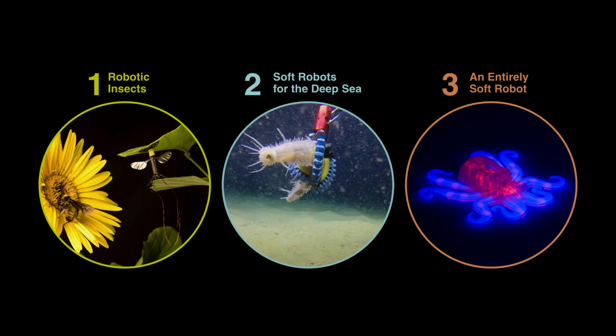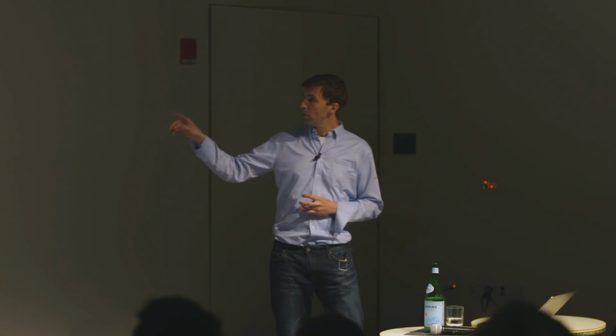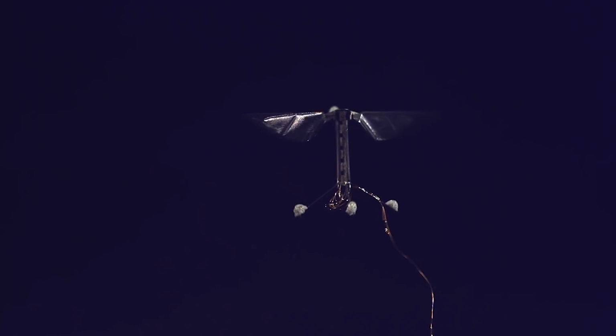Robotic insect. What do I mean by this? One good example is this device here, which we call the RoboBee. This is an 80 milligram device which is supposed to mimic the key functions of bees.